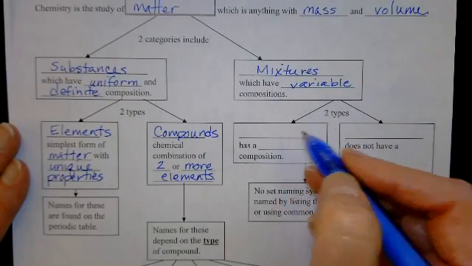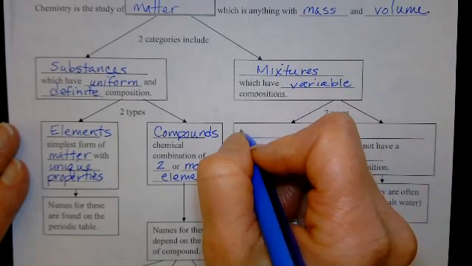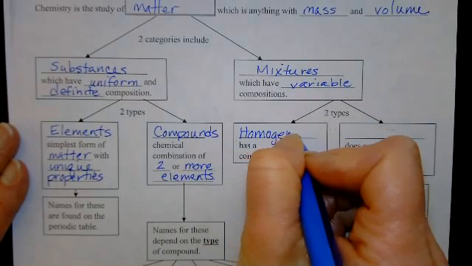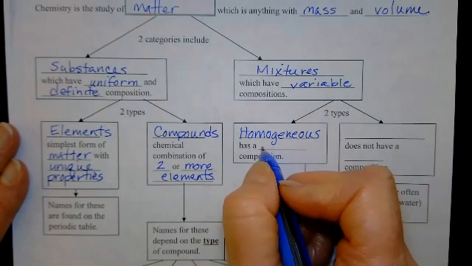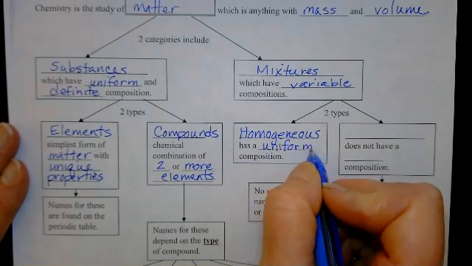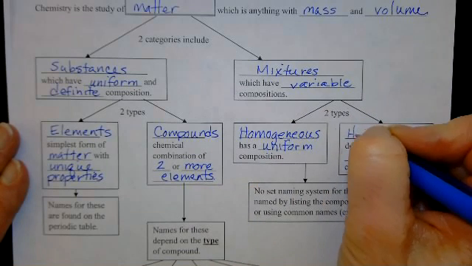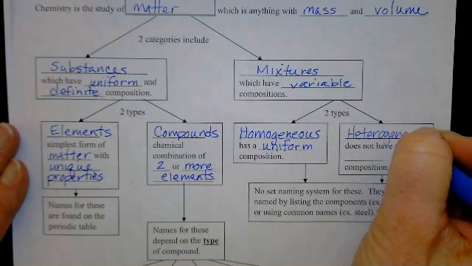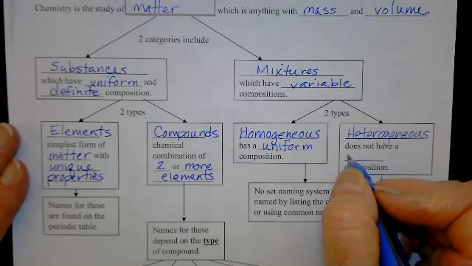Mixtures, we know, can be of two types. We can have mixtures that are homogeneous or heterogeneous. Homogeneous mixtures have a uniform composition, meaning that the mixture is even throughout. Whereas heterogeneous mixtures do not have a uniform composition.